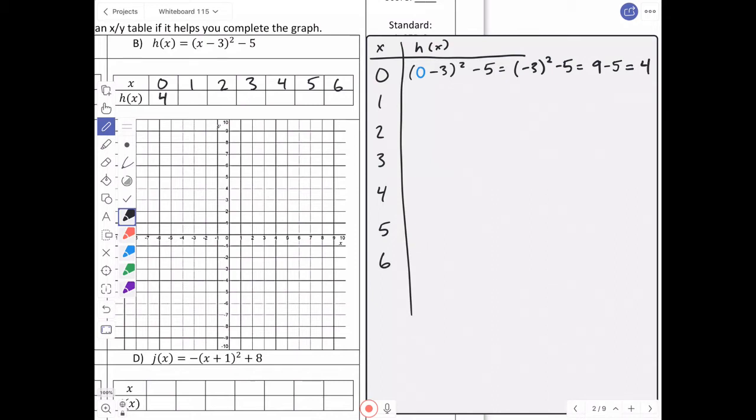So I'm going to plot 0 right and up 4: (0, 4).